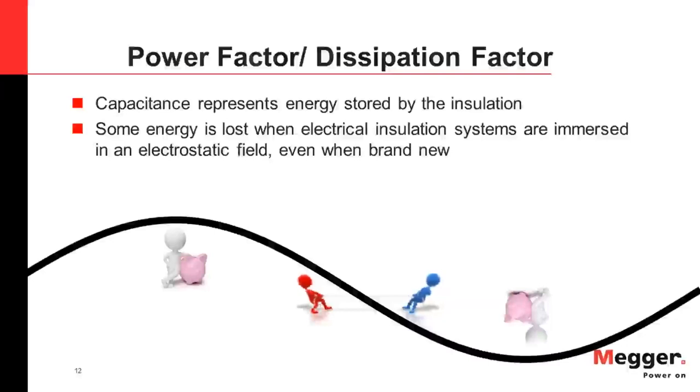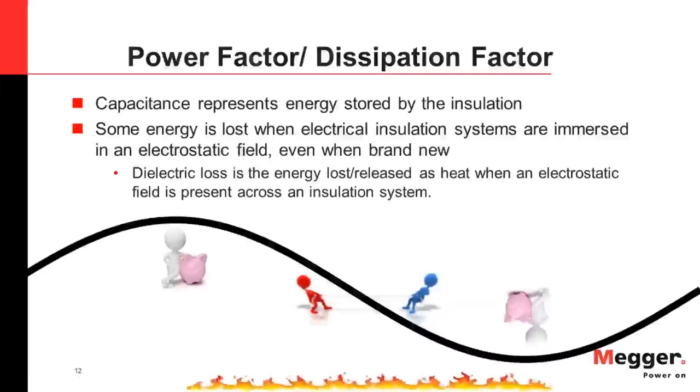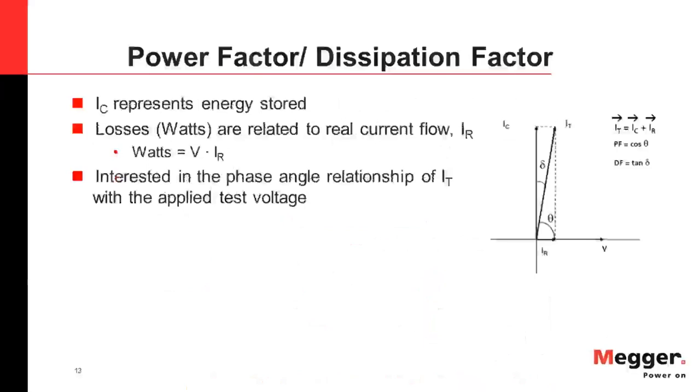When I apply voltage across an insulation system, I will measure current through the insulation system. We'll call that total current. Most of it will be capacitive, representing all of the energy effectively stored, and hopefully very little of it will be attributed to resistive current. Losses, expressed in watts as a unit of measure, are related to the resistive current.